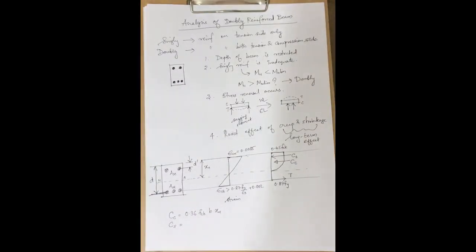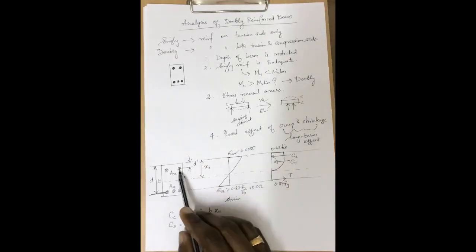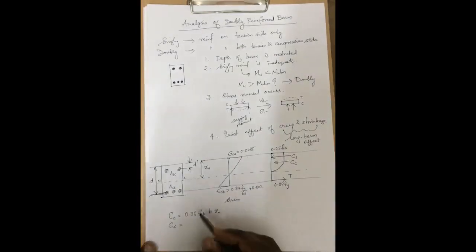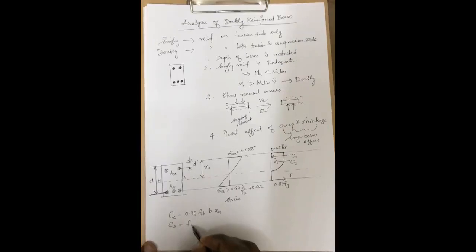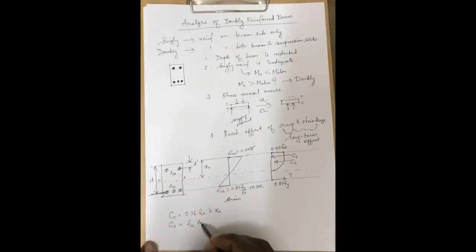It is the stress in the compression steel into the cross-sectional area. Let us call the stress at the level of steel in compression FSC, into the area of cross-section of the steel, that is ASC. This stress into area will give you the compressive force.